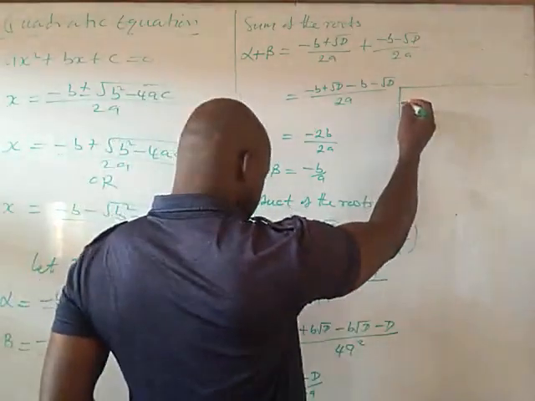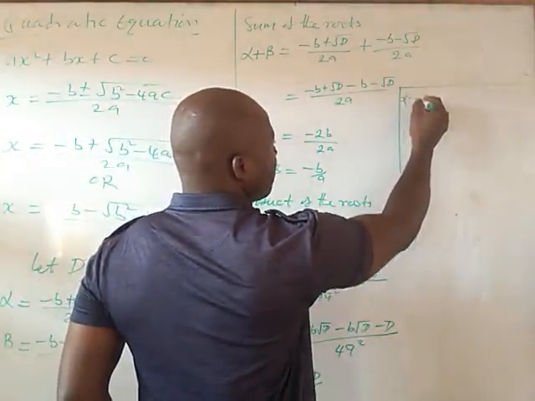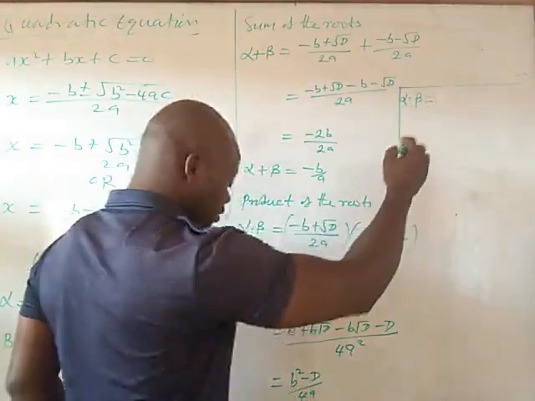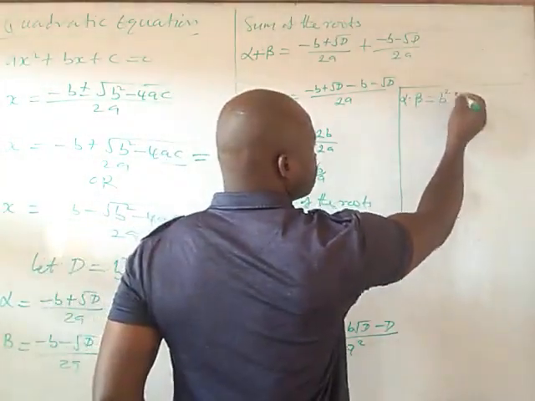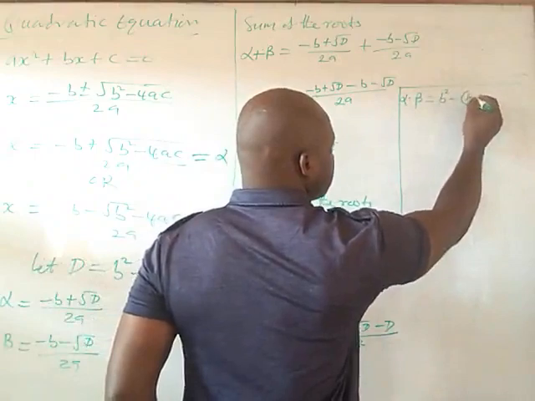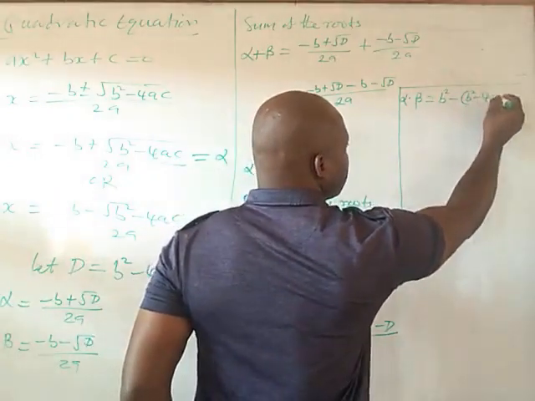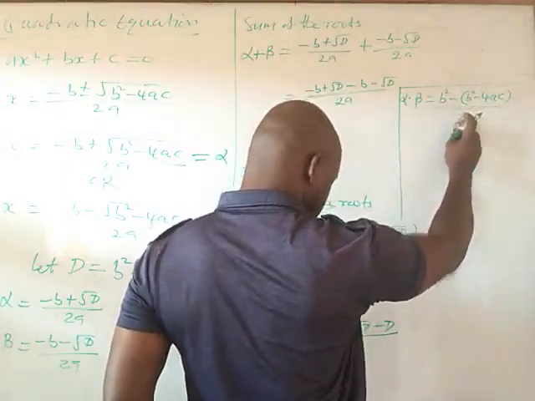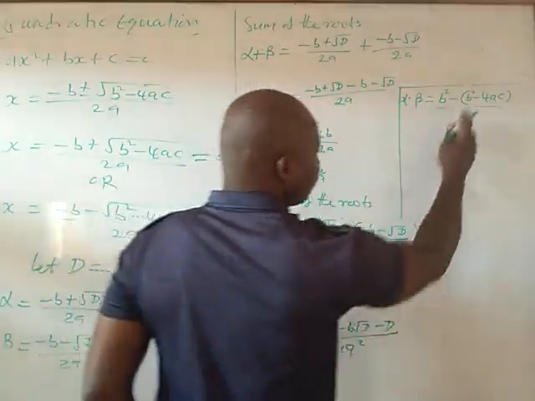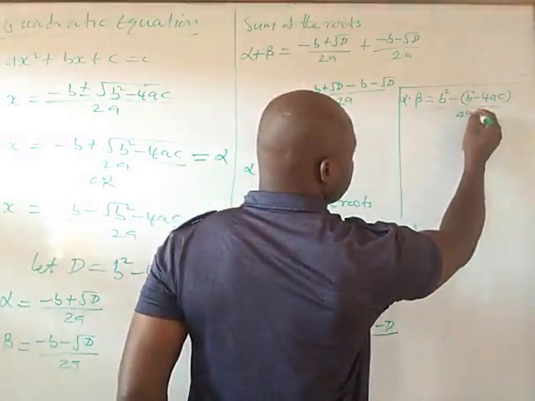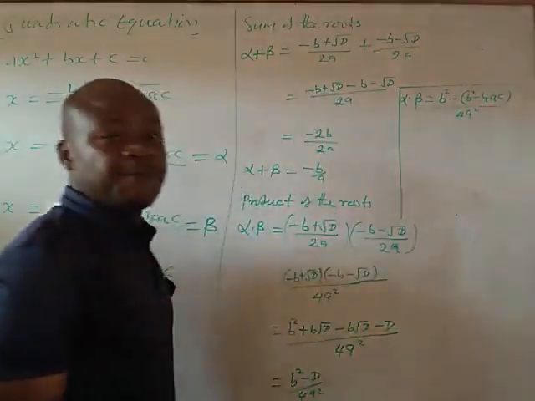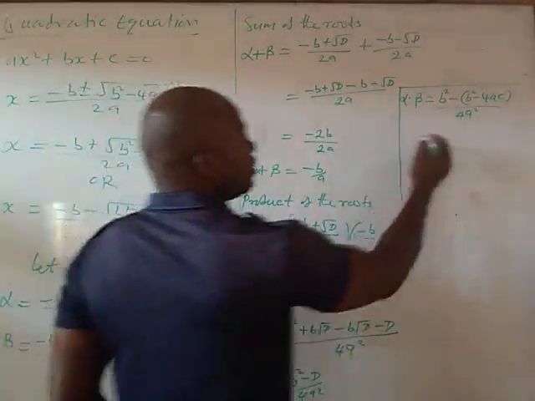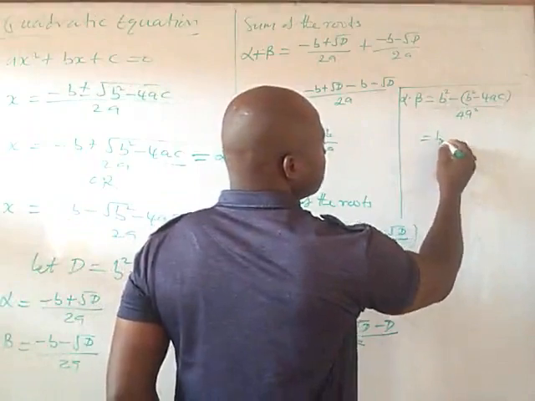Therefore, our alpha and beta give us b squared minus b minus 4ac all over 4a squared. Now, this one will give us b squared.